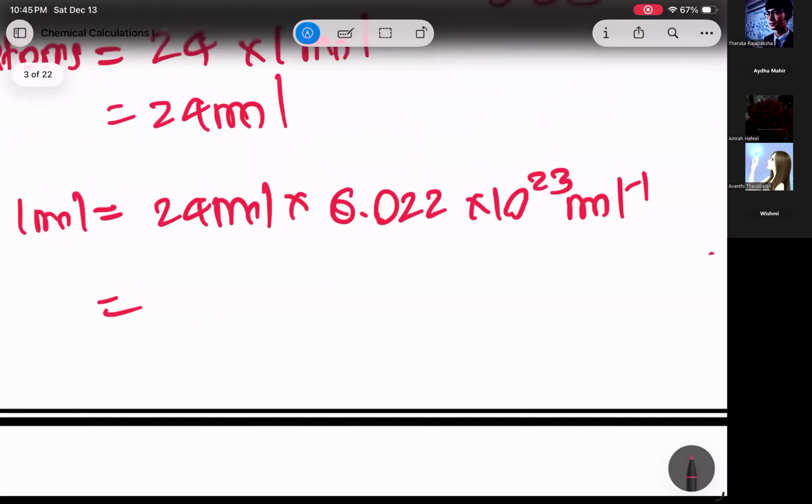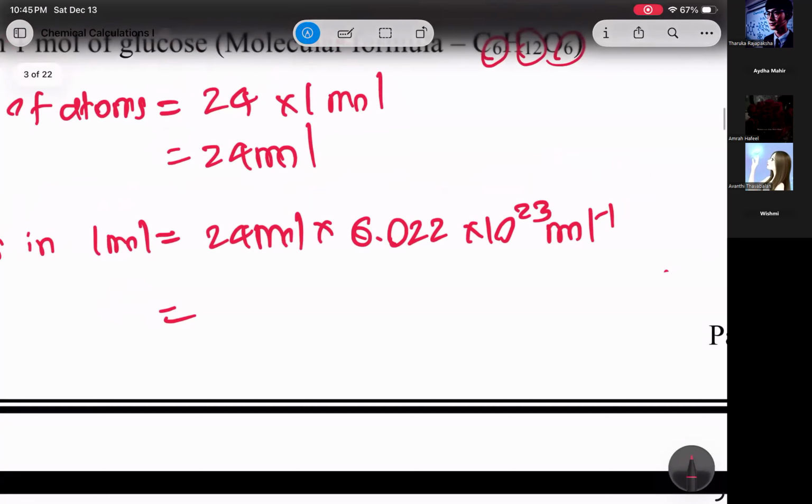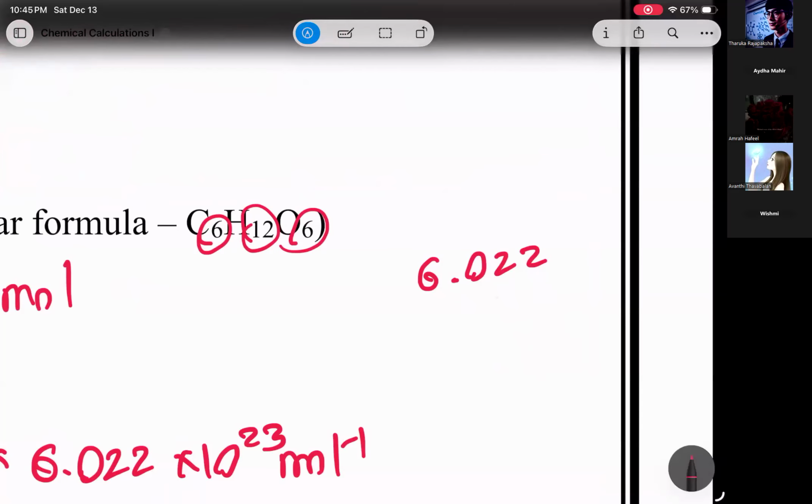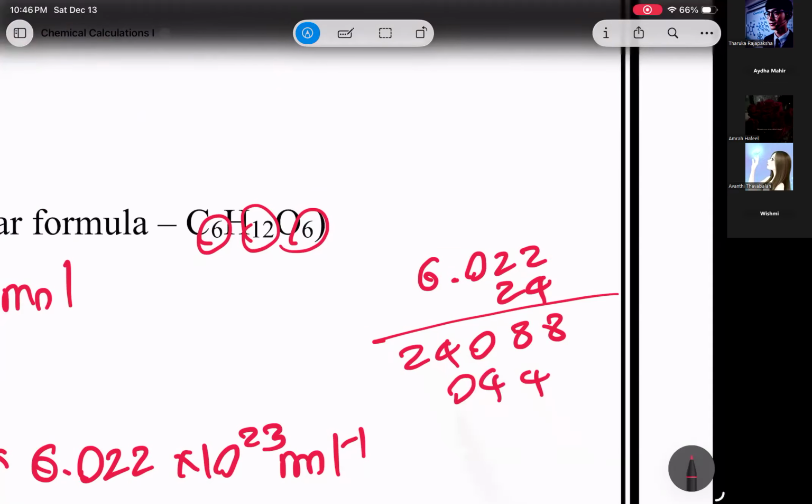What I'm going to do is use multiplication. 6.022 into 24: 4 into 2, 8; 4 into 2, 8, 0; 6 into 4, 24; 2 into 2, 4; 2 into 2, 4, 0; 6 into 2, 12; and then 8, 12, 1 remaining, 5, 4, 4, 1.